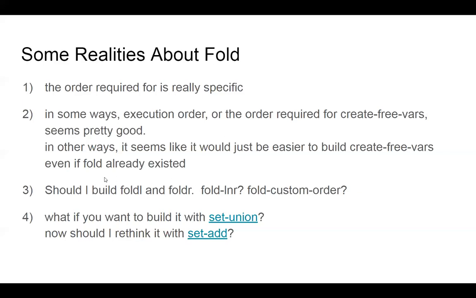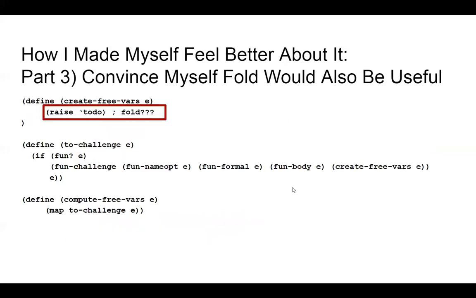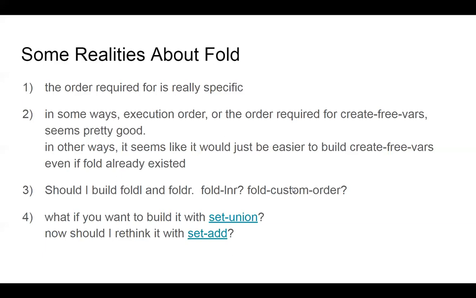When you start doing this, you ask yourself how much am I really getting out of this if I've got to build this fold custom order situation? It's kind of nice, a ton of stuff just works, but then I've got to deal with the hard cases, and should I just build create free variables without fold at this point?